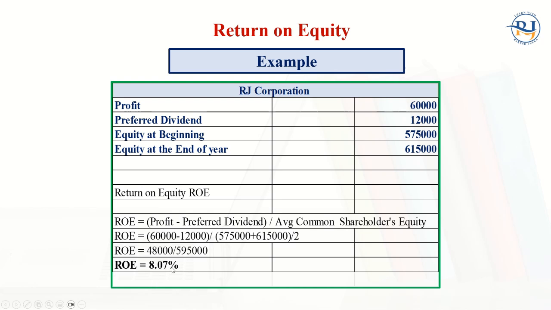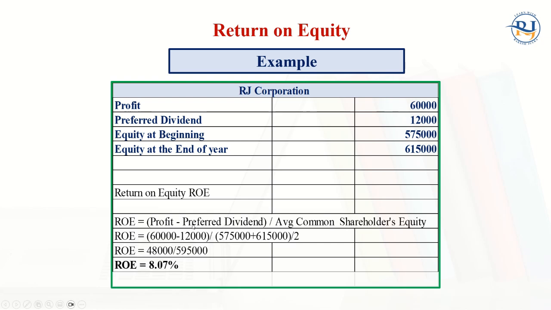So how have we calculated? Return on equity is the profit minus preferred dividend. The rest of the money will be given to the common shareholders. So the common shareholders, the outside shareholders, want to know how efficiently our company is using cash or investment.